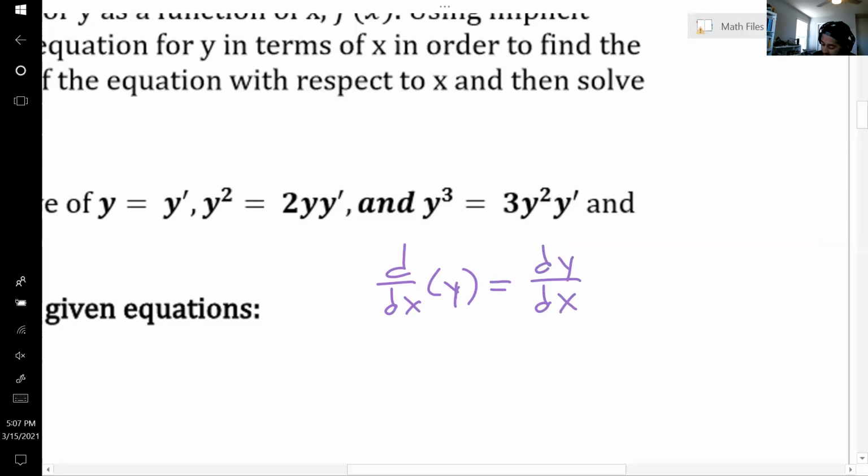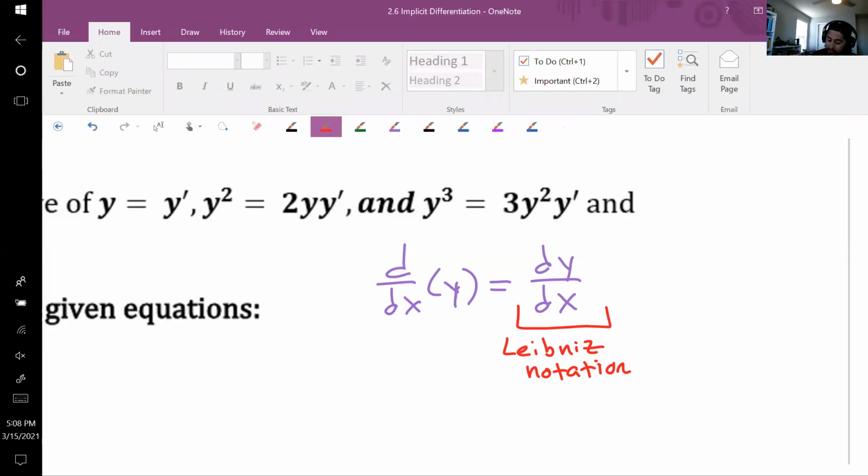This is called the Leibniz notation, and it's what the answers will use, and some of the answers won't use. The reason I don't use it is that I like the paper being clean, and having these dy over dx's everywhere just looks messy. But that's the name of the notation.